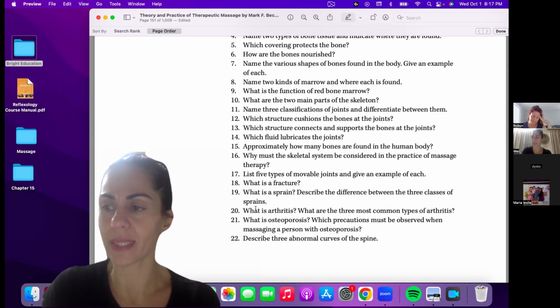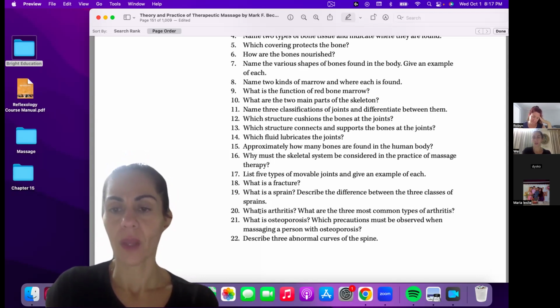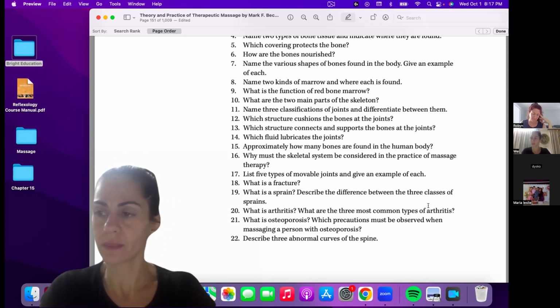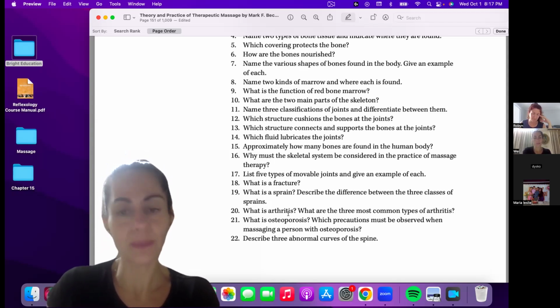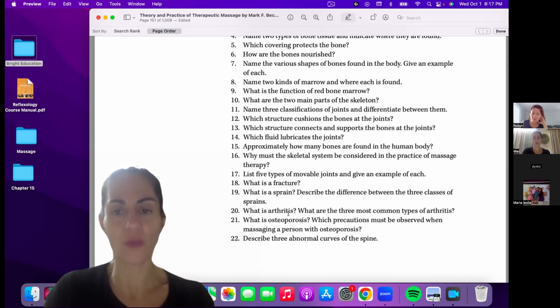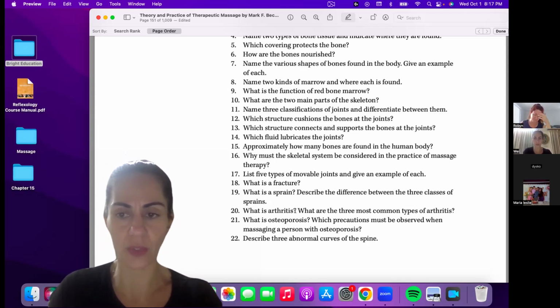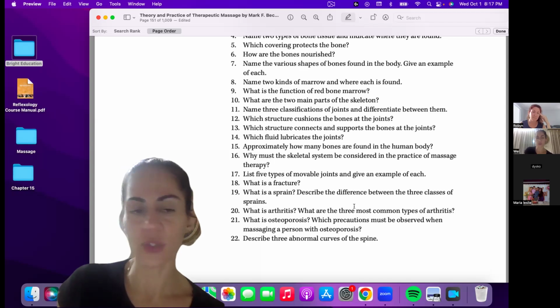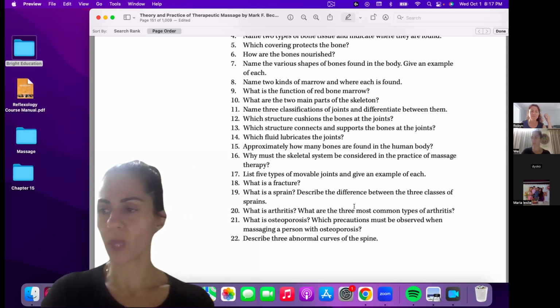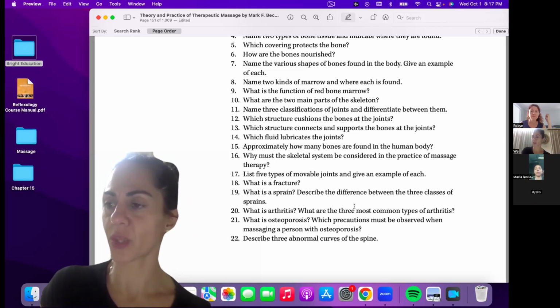Number 20. What is arthritis? And what are the three most common types? So when we say arthritis, it's inflammation of the joint. Arthro means joint, and itis is inflammation. So we have all these joints that we talked about in the body. If you can, mention three types.